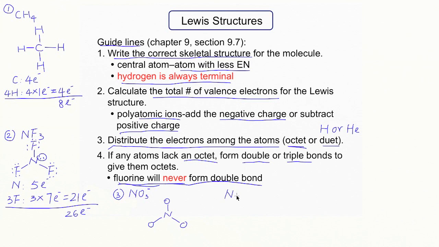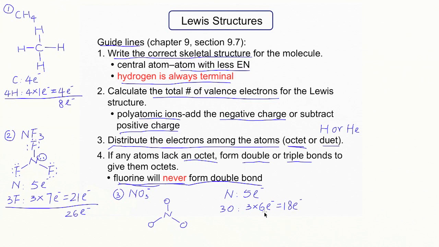Nitrogen, 5. 3 oxygens, each oxygen has 6 electrons. Group 16, 16 minus 10, that is 6 electrons each. So 3 times 6 electrons is 18.